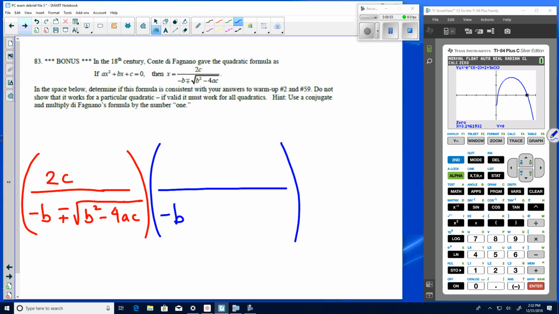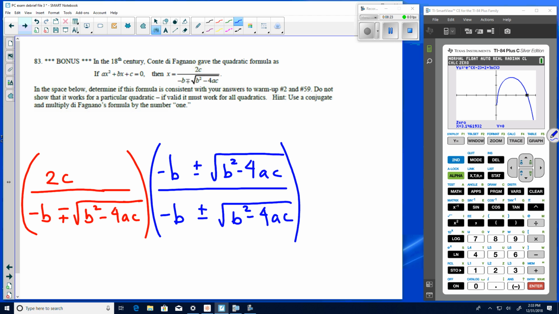So instead of minus plus, this is going to be plus minus. So that's how conjugates work. And because this whole expression has to be 1, we need the exact same thing here. And I think everybody would agree that this blue expression is equal to 1. Anything divided by itself is 1.